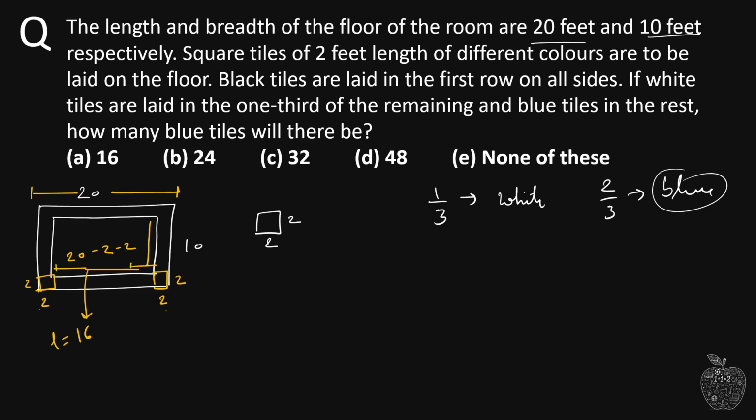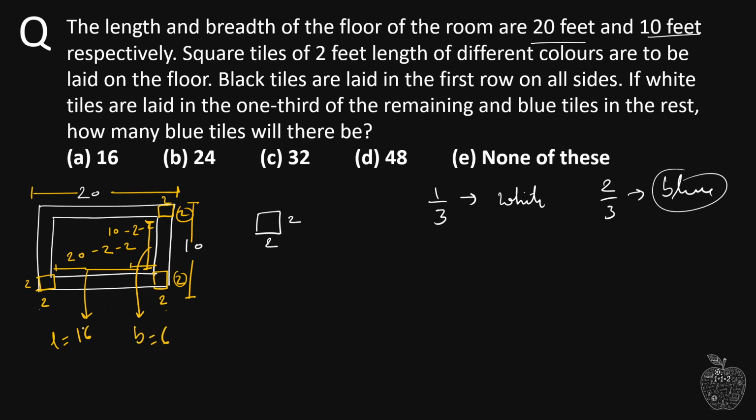Similarly for the breadth, this is the breadth of the remaining portion and we know that this entire thing is 10. And 10 minus this 2 minus this 2, where again here is another tile whose dimension is 2 into 2. So we get the breadth as 10 minus 2 minus 2, which will be 6.